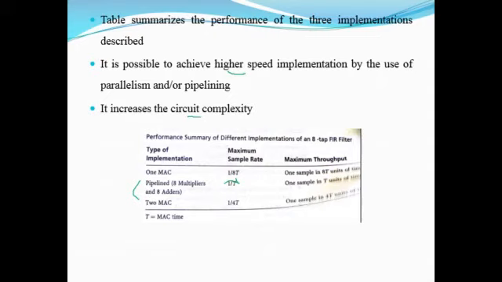The complexity is moderate and the speed is better, but the speed may not be as high as expected when we go with a very complex circuit implementation. So moderately we can go with the 2 MAC unit implementation, which would be the better implementation among these three, which use 1 MAC, 8 MAC and 2 MAC.